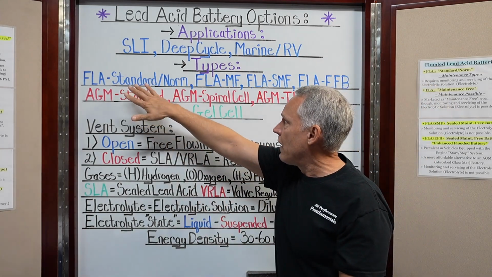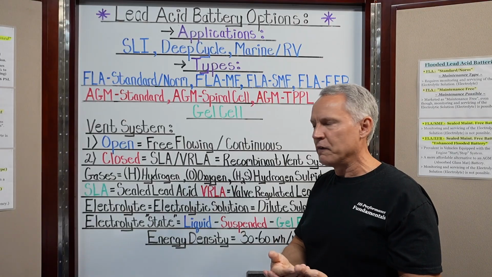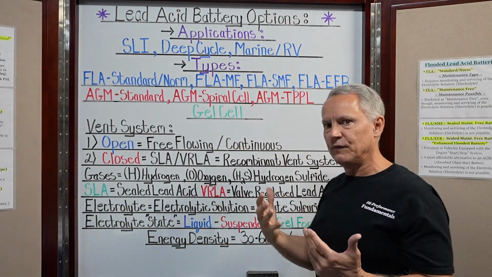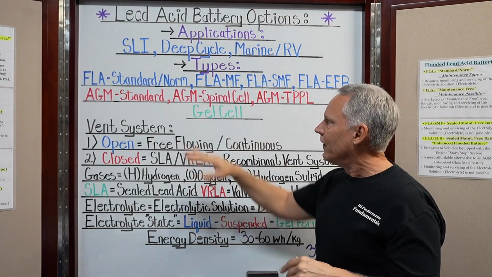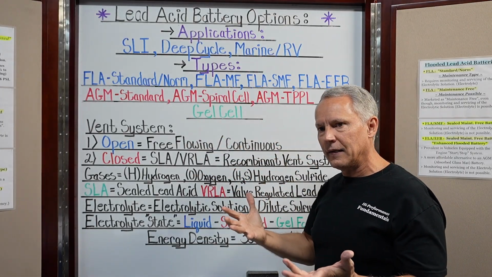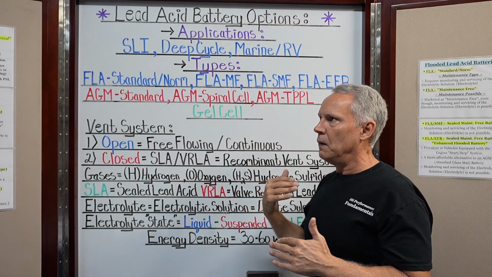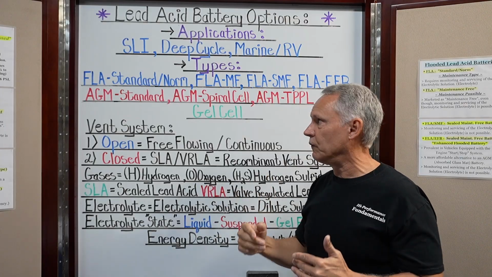You have what I consider to be your basic flooded lead acid batteries. When I say flooded lead acid, all of these batteries are classified as flooded lead acid batteries. If you look up FLA battery, they're all basically flooded lead acid, but I broke it down into what I consider to be more intuitive, or makes more sense, if you will.